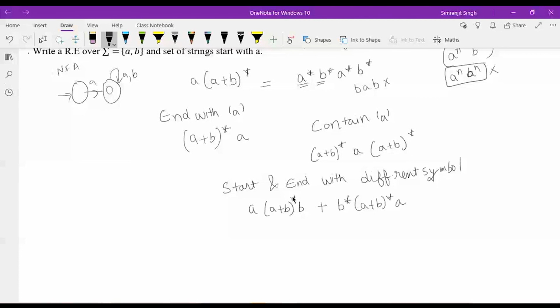Okay, so just write it. Anybody? It's fairly simple, I think. You just had to add a plus in it, starting and ending with the same.